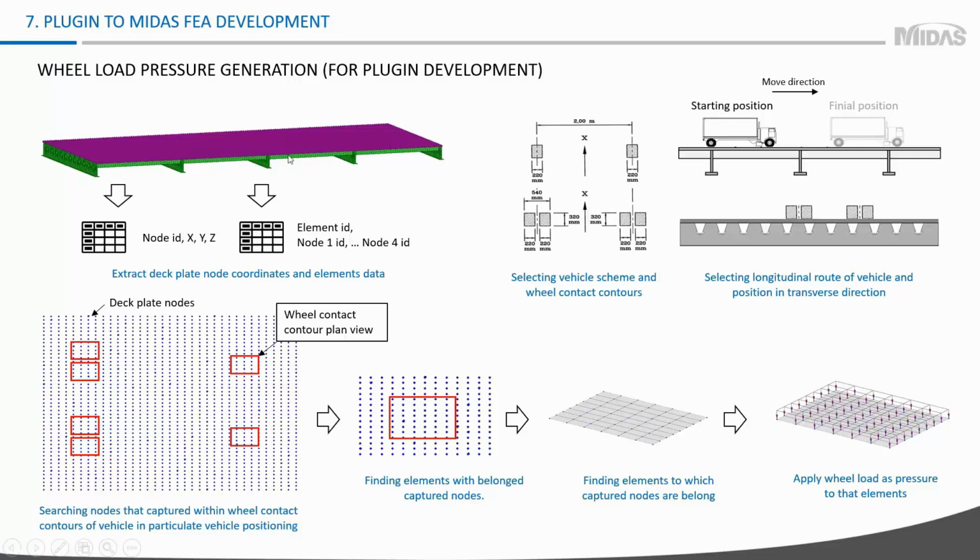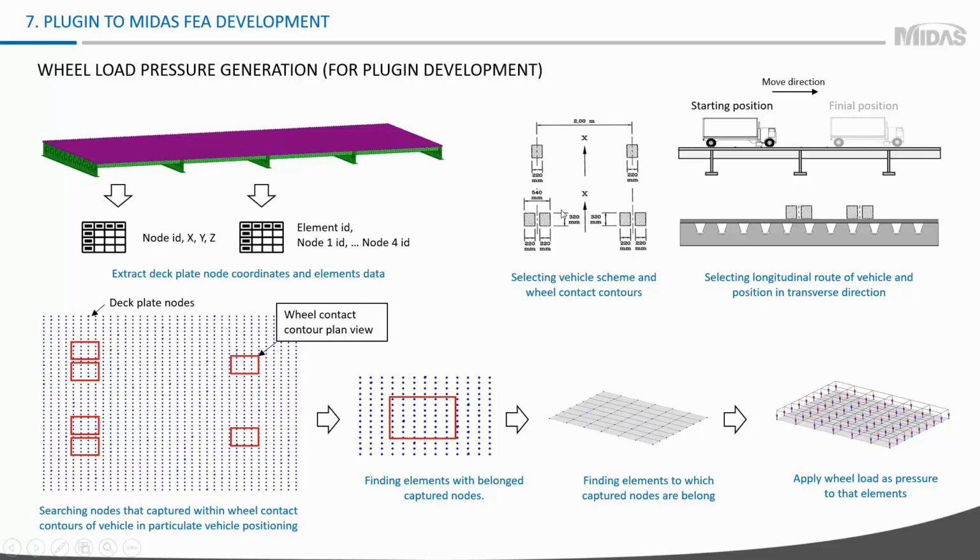From the detailed model in Midas FEA, you extract node coordinates and element data of the deck plate. Midas FEA allows you to extract this data in table format. Then you have to decide what vehicle scheme will be considered in the analysis.